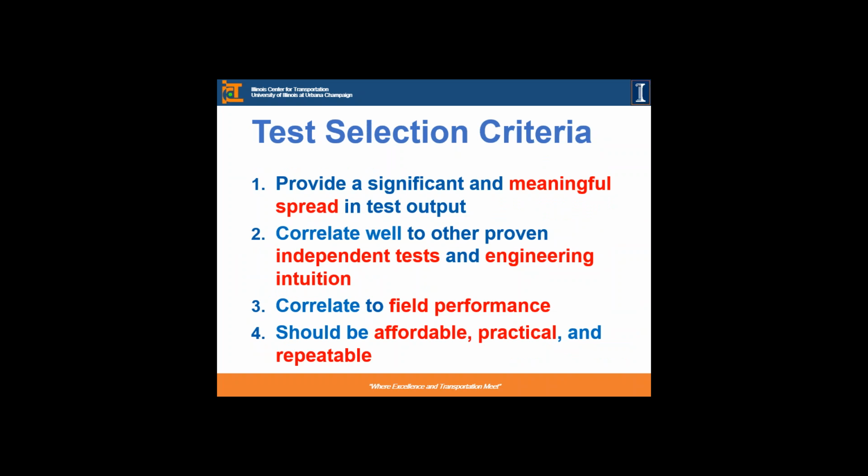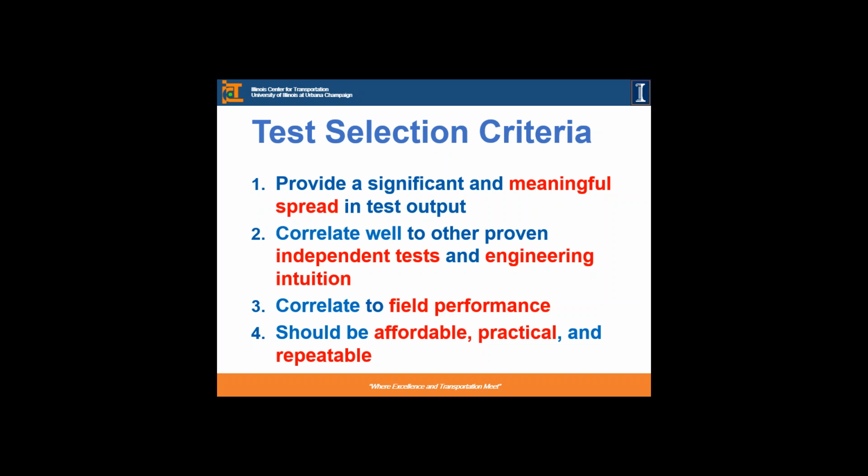So in this project, we had 4 criteria we always kept a focus on in selecting the test. These 4 criteria and objectives we wanted to accomplish were, first, whatever test we select should provide a significant and meaningful spread in the test output. So it's not only significant, but we also want a meaningful spread in the test data output.